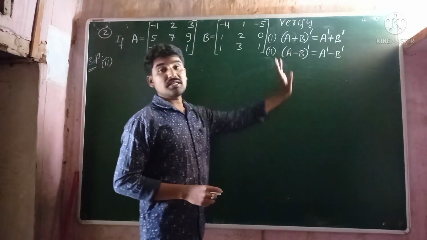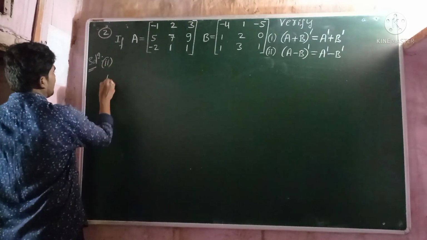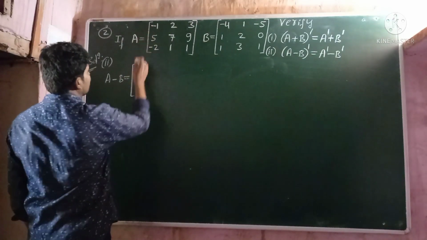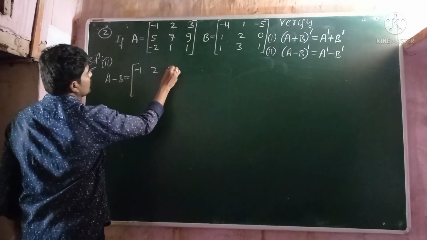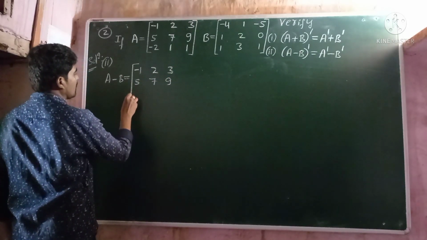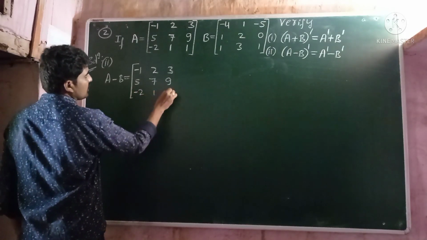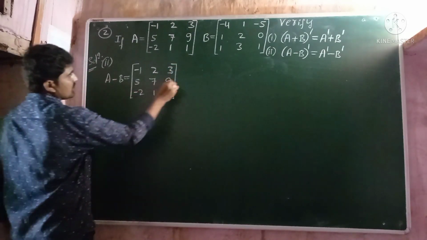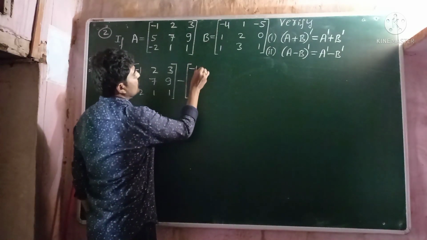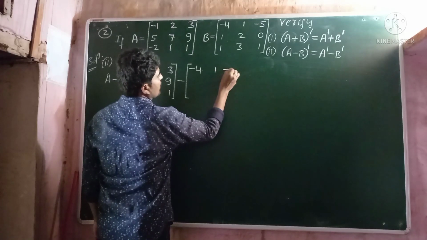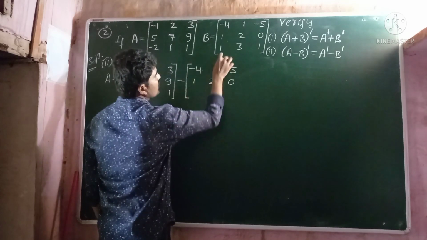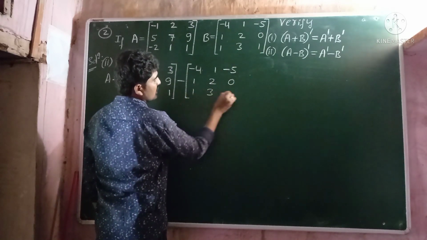First we need to find the matrix A minus B. So A minus B matrix is equal to matrix A, given by -1, 2, 3, 5, 7, 9, -2, 1, 1, minus matrix B, given by -4, 1, -5, 1, 2, 0, 1, 3, 1.